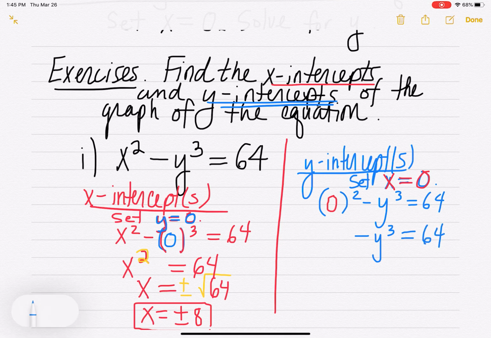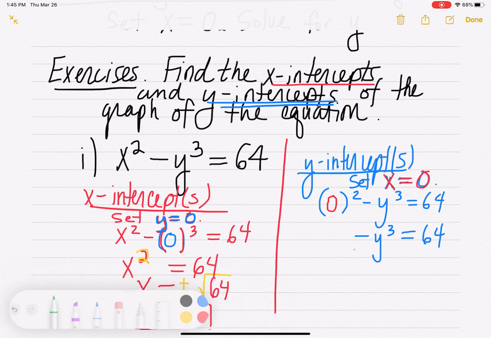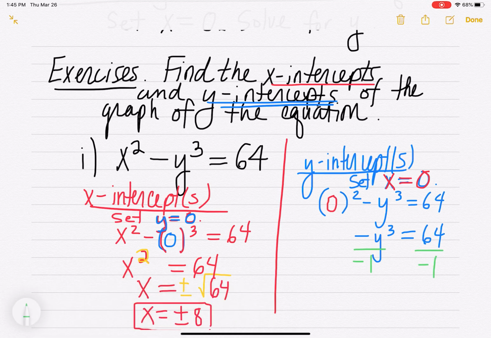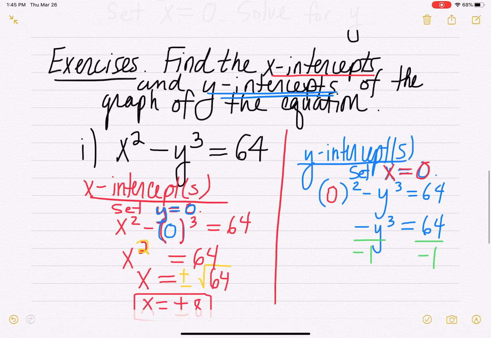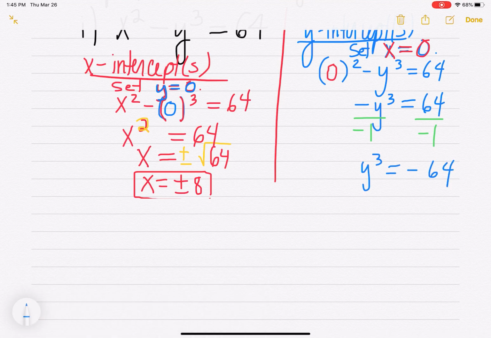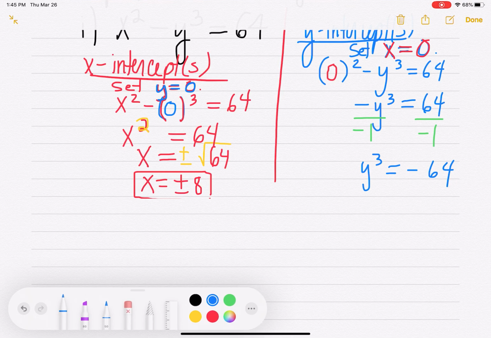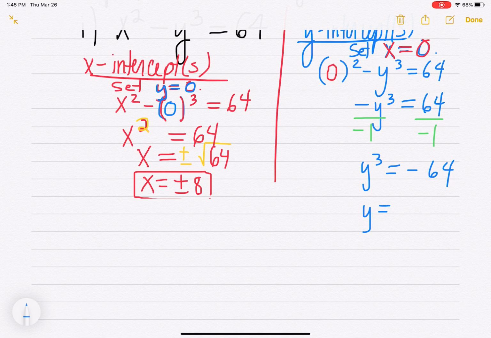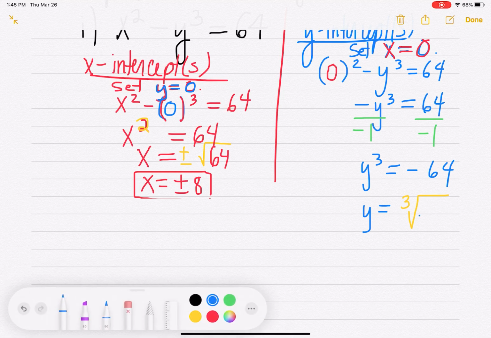Now, I want to get y cubed by itself, so I'm going to divide both sides by negative 1. When I divide both sides by negative 1, I get a positive y cubed on the left, and on the right, a negative 64. And then we have an odd power equation. To solve that, we drop the cube and take the cube root of negative 64.